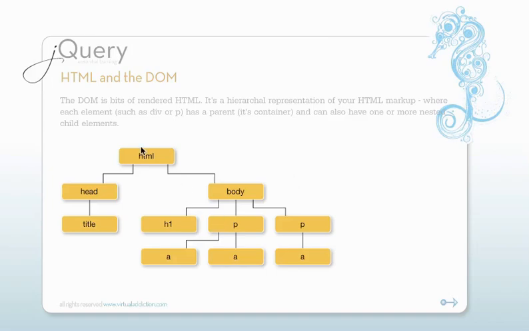So here we see a DOM fragment, and as you can see, the body has 3 child elements: an H1 and 2 paragraph elements. These 3 elements are contained in the same parent element, and in relationship to each other they are referred to as siblings. An element's ID would uniquely identify the element on the page.